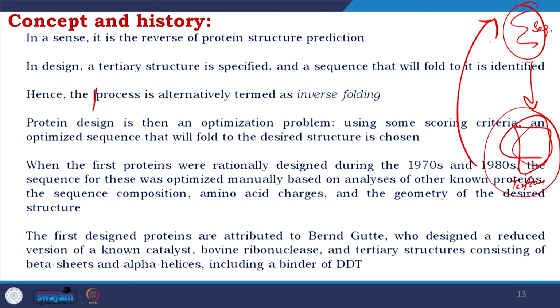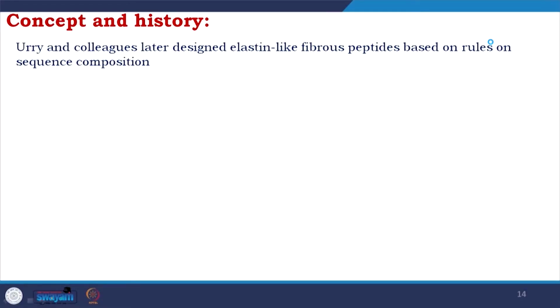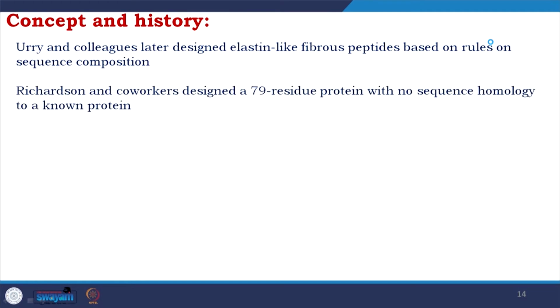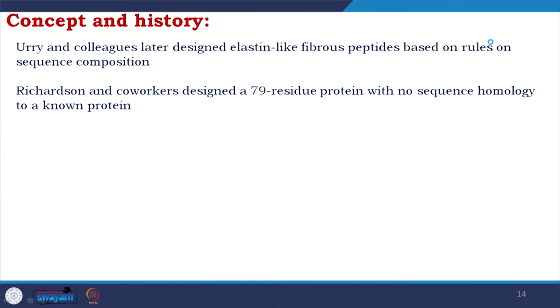The first designed proteins are attributed to Bernd Gutte, who designed a reduced version of a known catalyst, bovine ribonuclease, and tertiary structures consisting of beta sheets and alpha helices, including a DNA binding one. Urry and colleagues later designed elastin-like fibrous peptides based on rules on sequence composition. Richardson, whom we talked about especially in the visualization module, and co-workers designed a 79 residue protein with no sequence homology to a known protein.